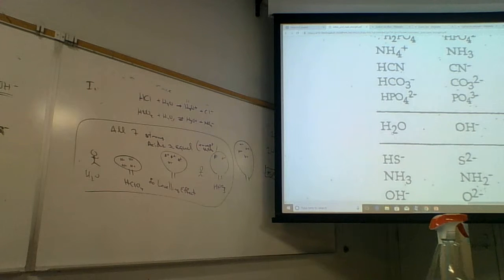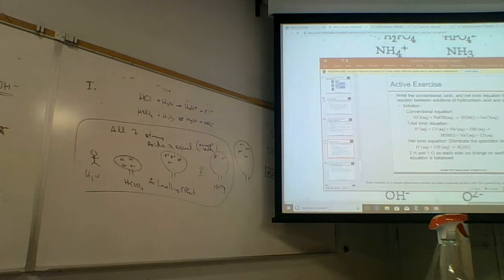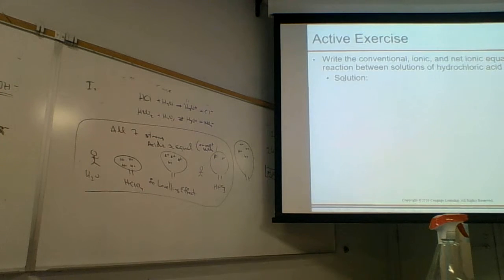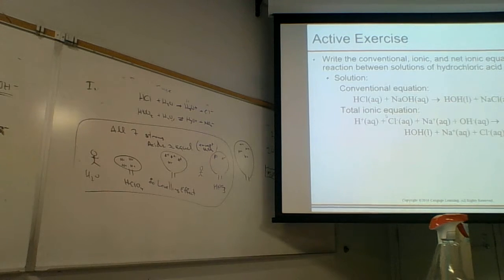Let's take a look. We got here. They call it the conventional equation. Conventional equation, CE. That's what we got. We need the driving force. They didn't put the driving force there. They call it the TIE, but I'm just calling it IE for short.